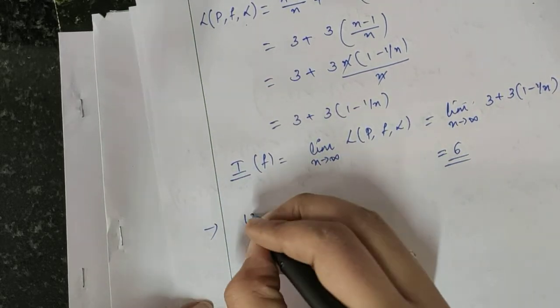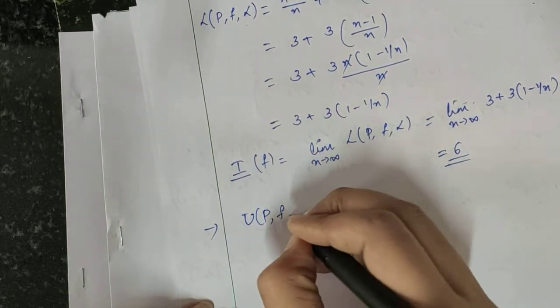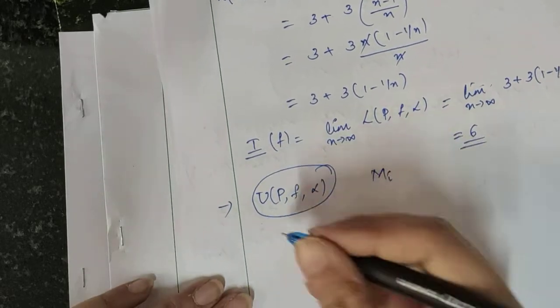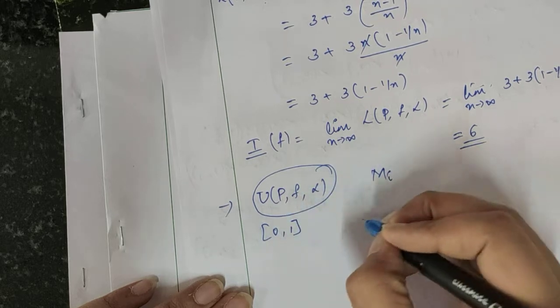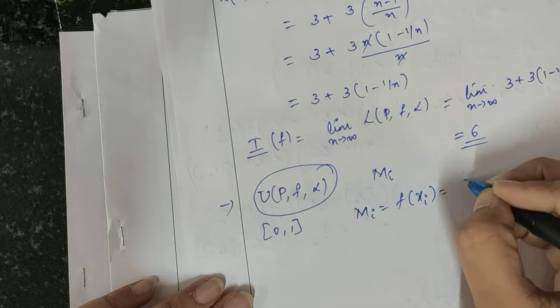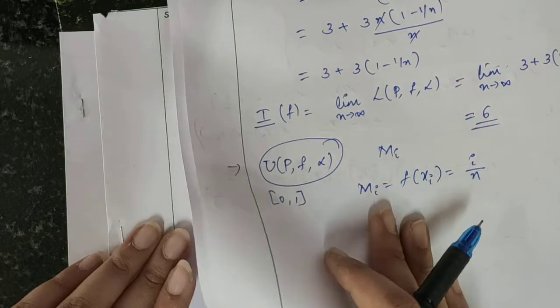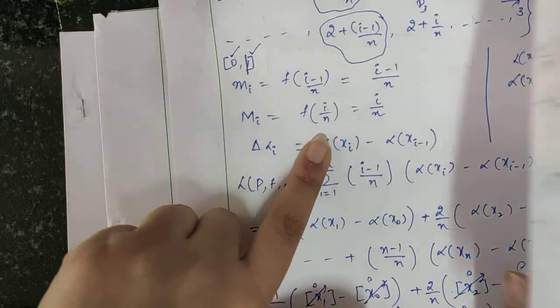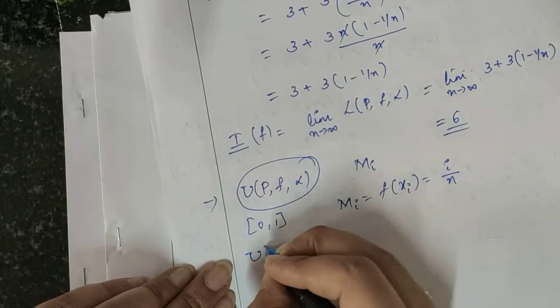So in order to find out U of p comma f comma alpha, we need capital Mi. For the interval 0 comma 1, Mi is nothing but f of xi, and it was i by n. I have already found that, you can observe here. So again substitute the values.